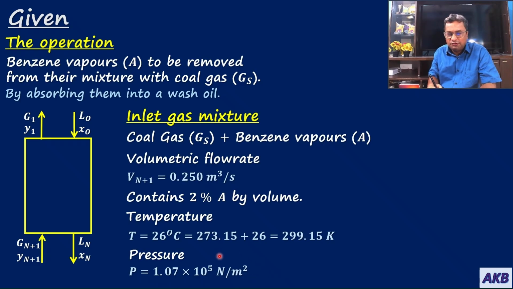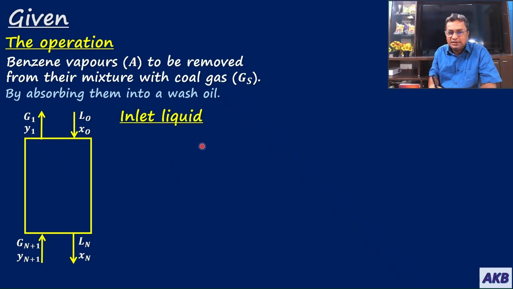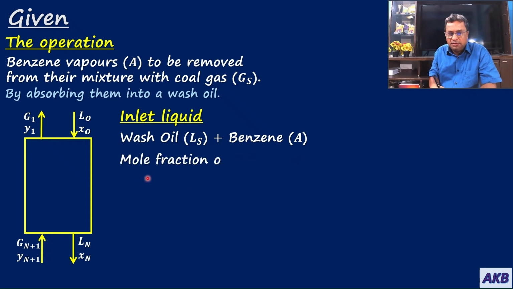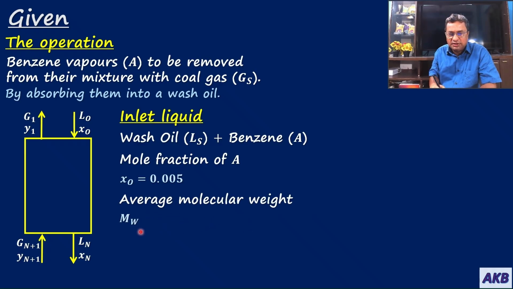Apart from this, the inlet liquid is wash oil. Wash oil in this case is the non-volatile liquid solvent, whereas the solute in it is benzene, that is E. The mole fraction of E in the inlet liquid, that is X0, is given to us as 0.005. Then the average molecular weight for wash oil is given to us.